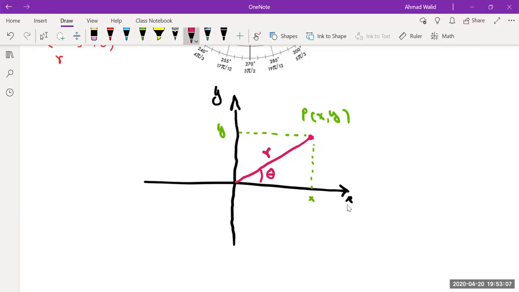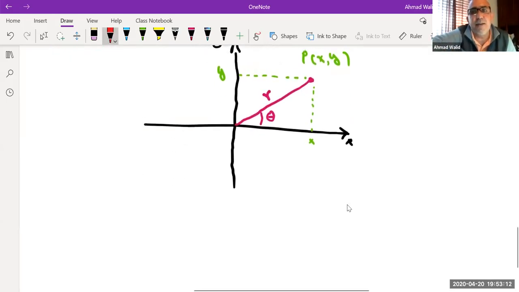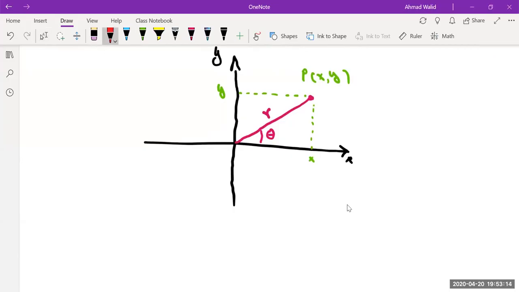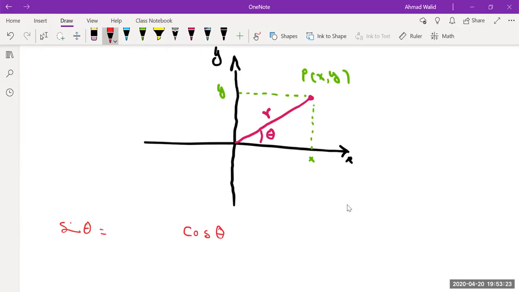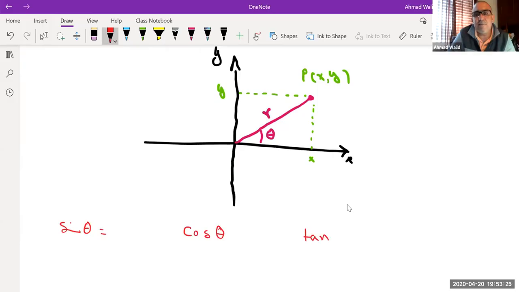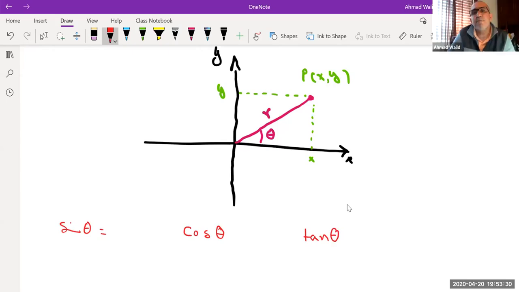If I ask you to write these trigonometric functions for me, can you do that? What is sine of theta? What is cosine of theta? And what is tangent of theta? What is sine of theta? Y over R. Because right now you are dealing with this triangle.